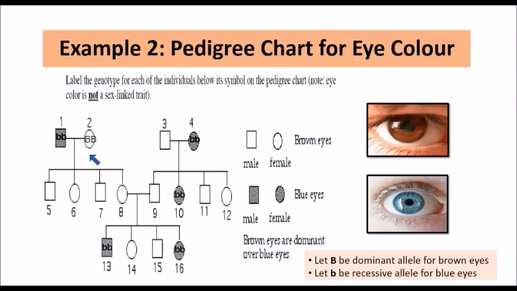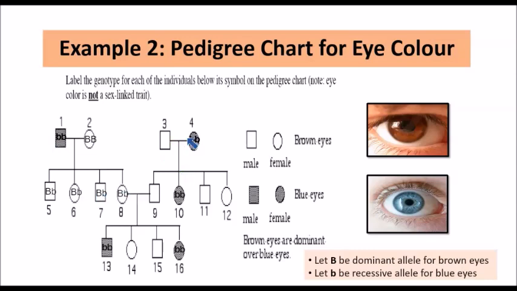So that pretty much means that all of the children, therefore, would have to be heterozygous. So each of these children, 5, 6, 7, and 8, would have inherited the recessive allele from the father and the dominant allele from the mother. So all of them would be heterozygous for brown eyes. So all 4 children are heterozygous. So we are covered with that part of the family.